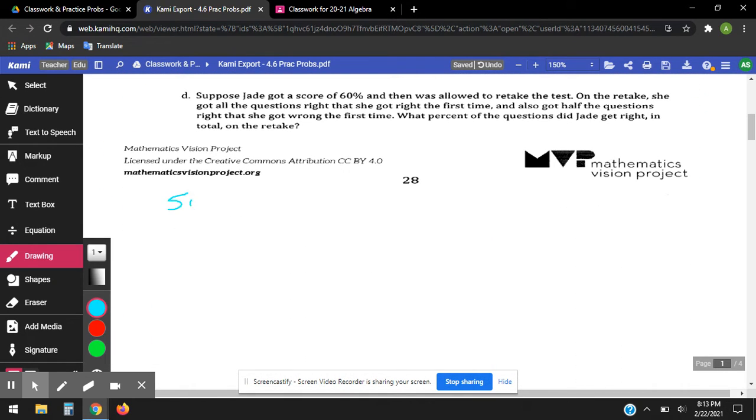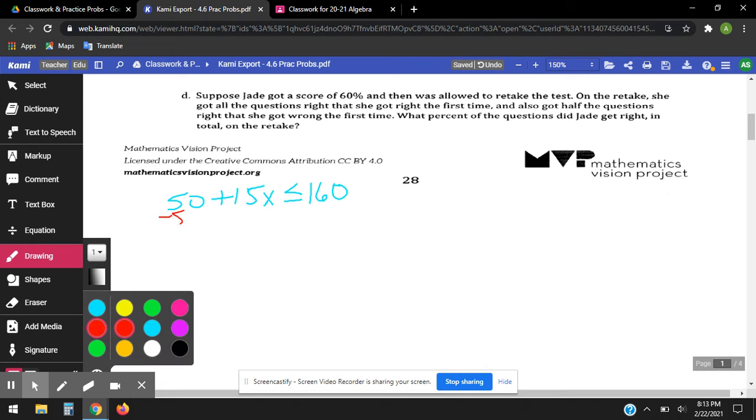So 50 plus 15x less than or equal to, now he's got 160 to work with. So let's go ahead and subtract our 50 again. That leaves us with 15x less than or equal to 110. So this time 110 divided by 15.